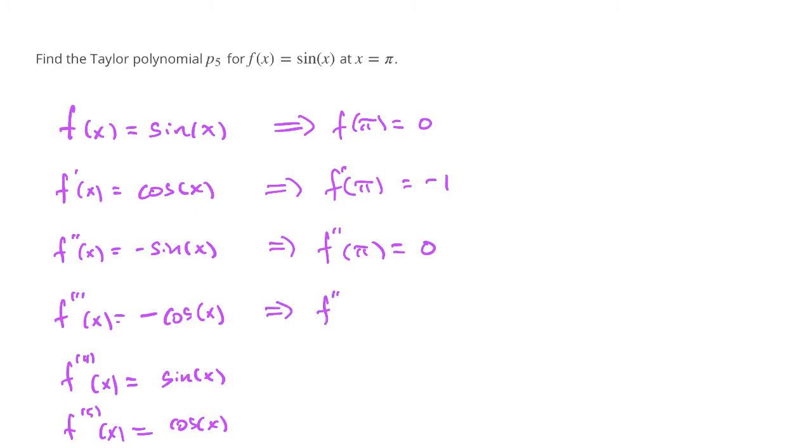Our third derivative evaluated at pi gives us 1. Our fourth derivative evaluated at pi gives us 0, and our fifth derivative evaluated at pi will again give us minus 1.